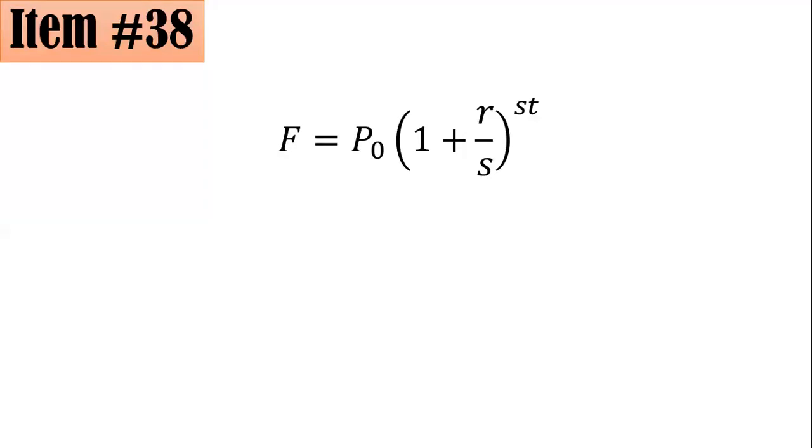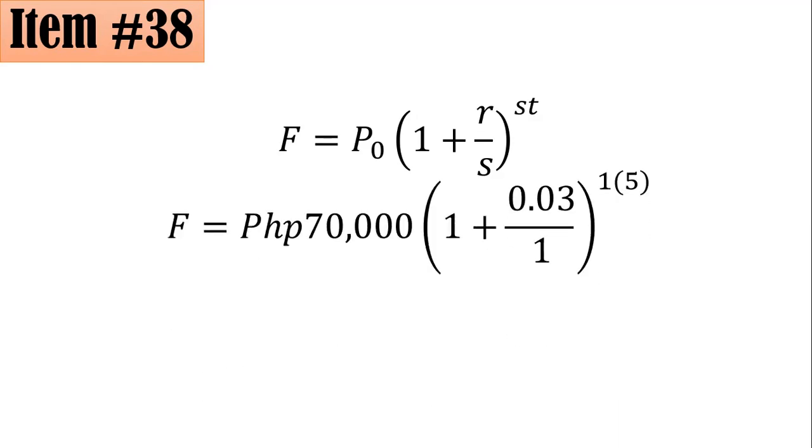So in this case, the question is annual. That's why your S here will be replaced by 1. And with that, F is equal to the amount, which is 70,000, multiplied by 1 plus your interest rate of 3%. In decimal form, it's 0.03 all over S, which is 1.